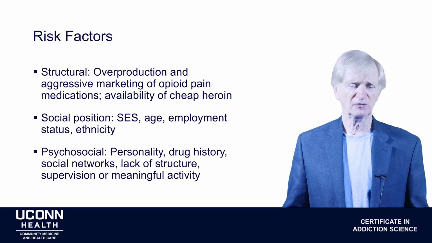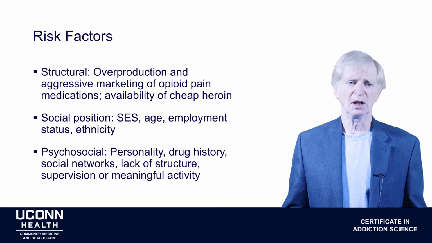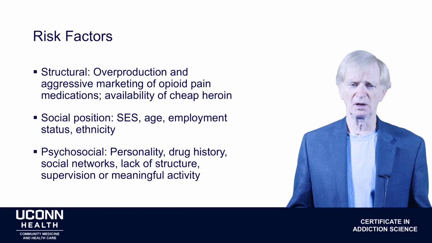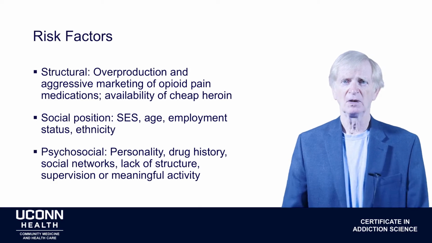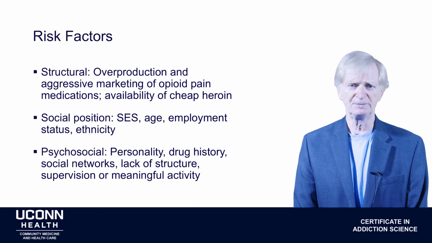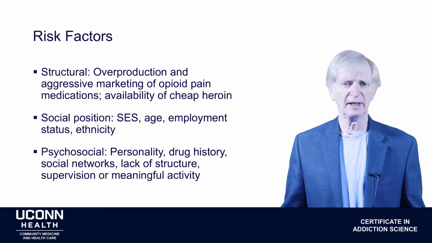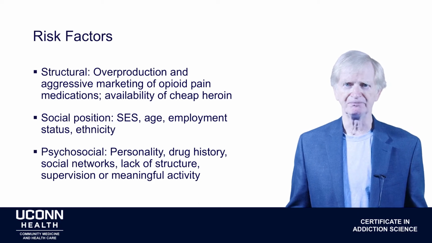At the social structure level, risk factors might include, in the case of the opioid epidemic, overproduction and aggressive marketing of opioid pain medications, as well as, on the illicit market, the availability of cheap heroin.